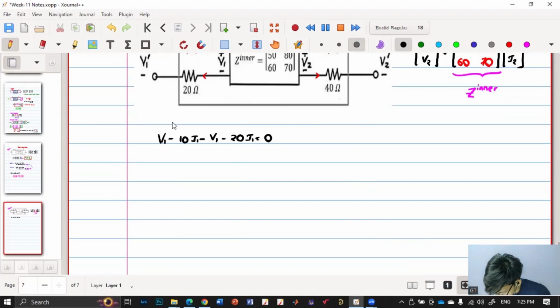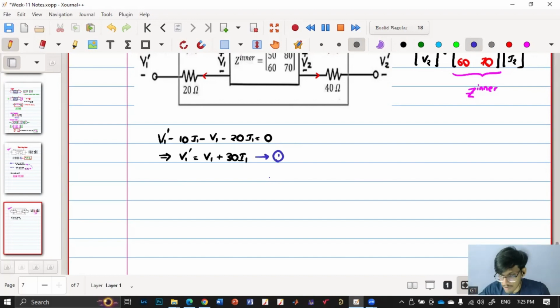So you will get V1 dash equals V1 plus 30 I1. Sorry, this is V1 dash. Alright. And this is our equation 2.